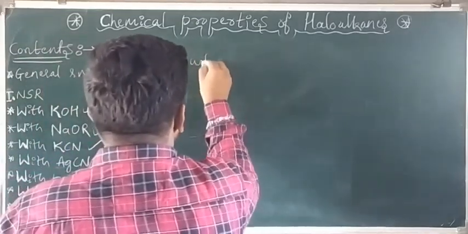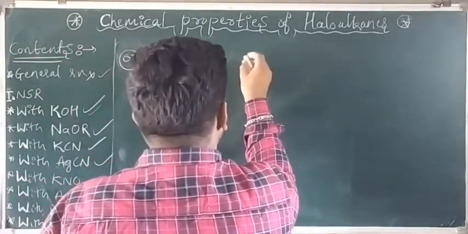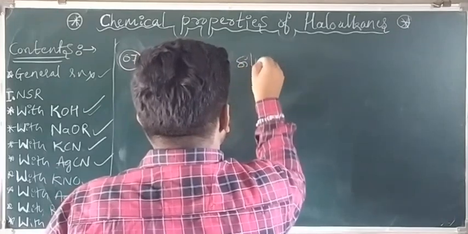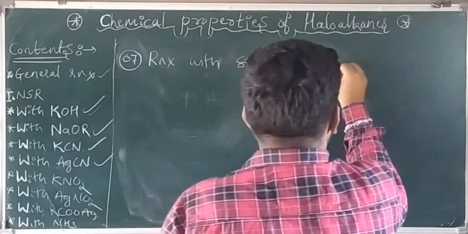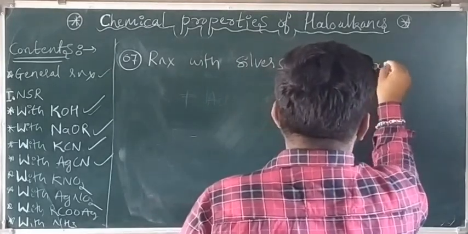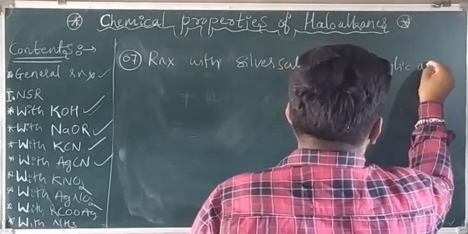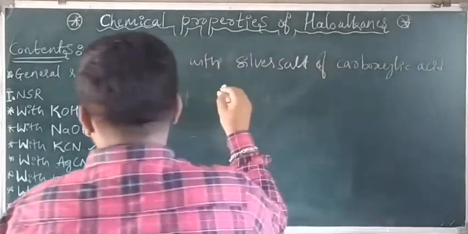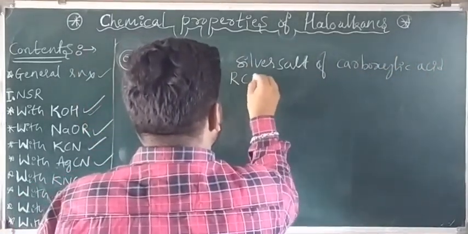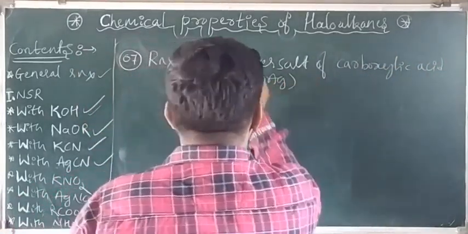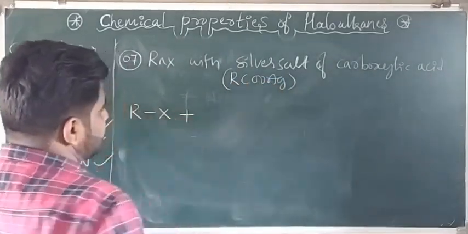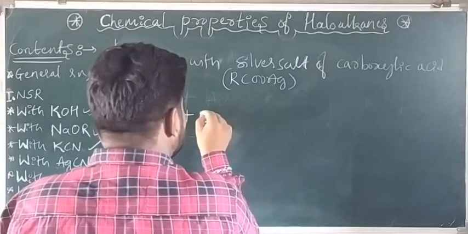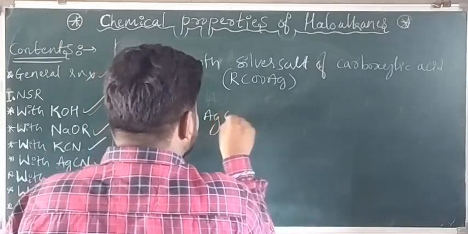Silver salt of carboxylic acid is nothing but RCOOAg. This one. And this haloalkane is treated with the silver salt of carboxylic acid. I will write like this, better.